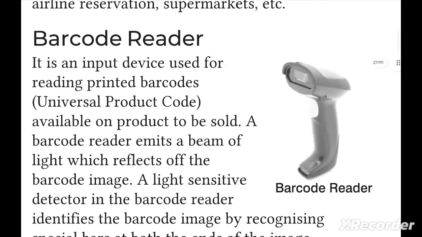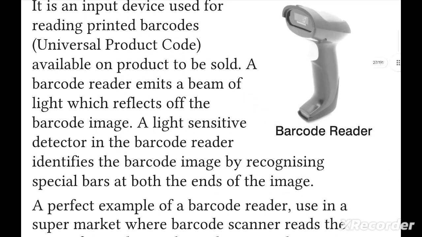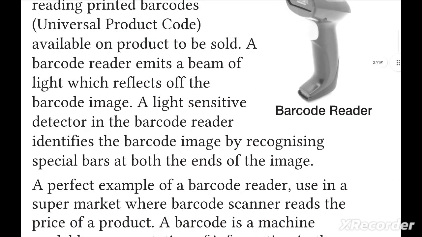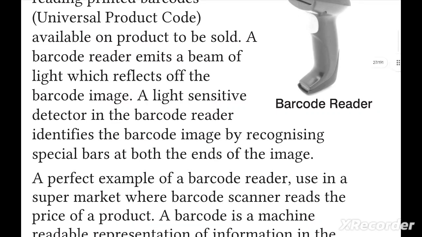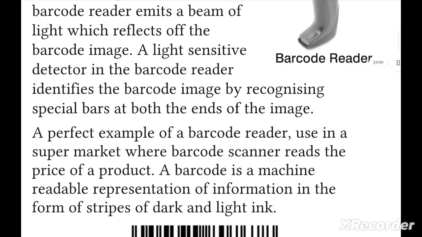Barcode reader. It is an input device used for reading printed barcodes, universal product code available on a product to be sold. A barcode reader emits a beam of light which reflects off the barcode image. A light sensitive detector in the barcode reader identifies the barcode image by recognizing special bars at both the ends of the image.